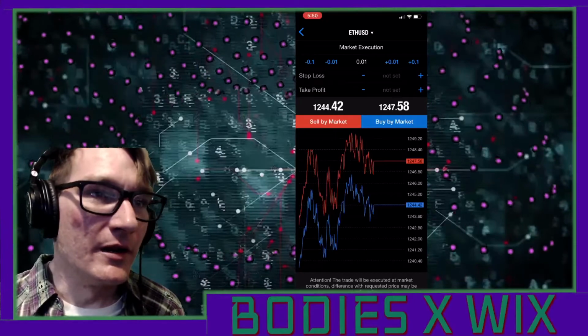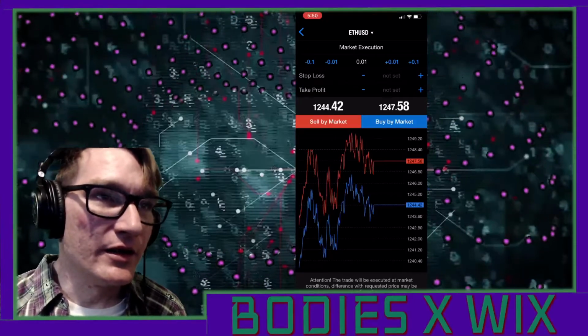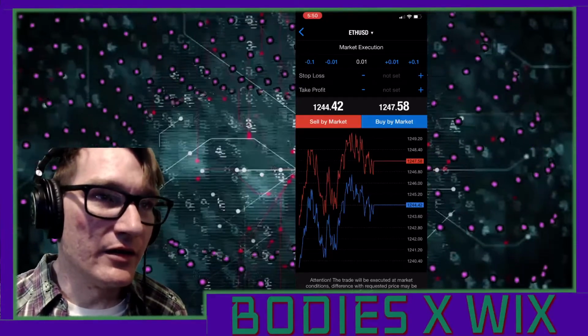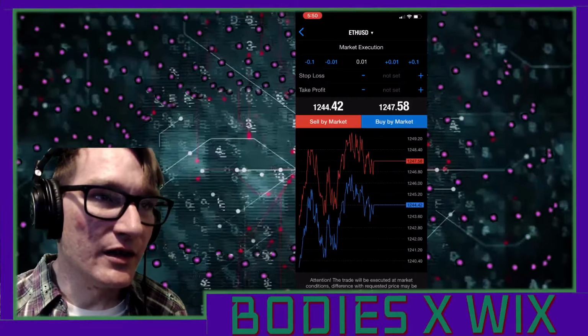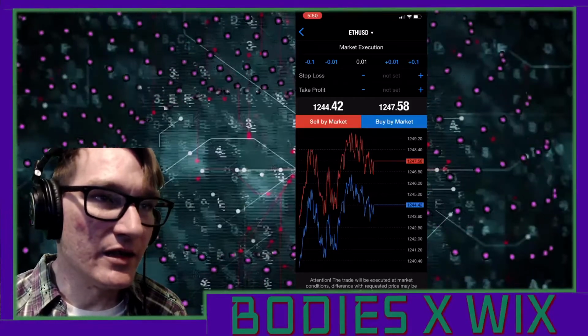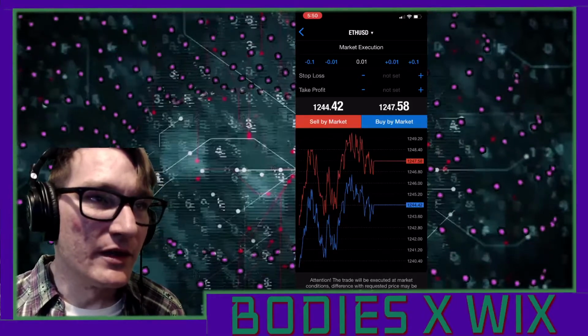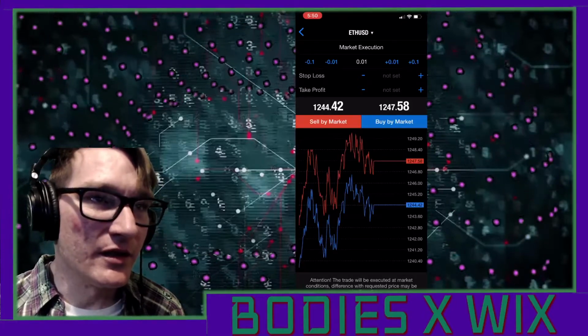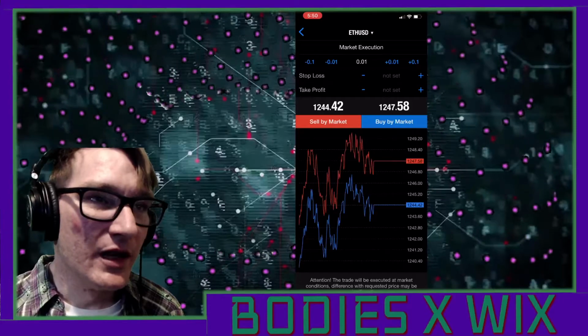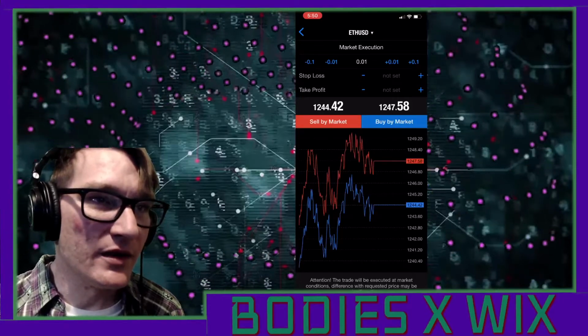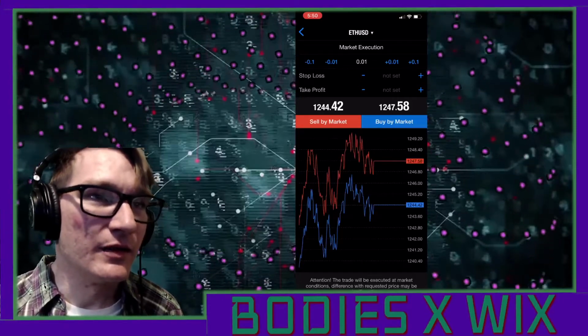Now as you can see on the left hand side, you have the sell, and it says sell by market. On the right it says buy by market. So it'll have your spread price as well.